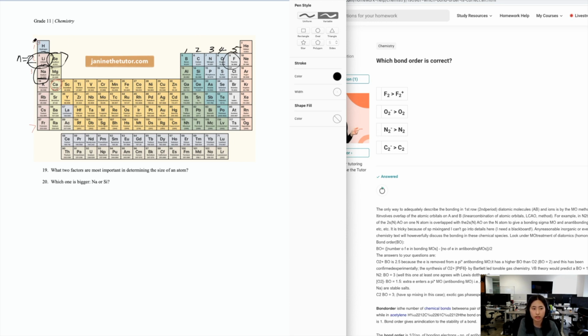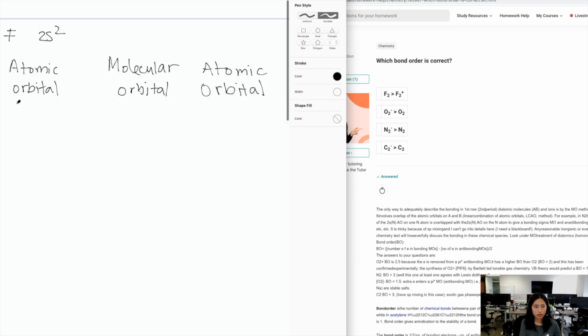Remember, these two columns are your s orbital, and then you have your p orbitals on the right side. Fluorine is found in p5 at n equals 2. So that's why it's 2s2, 2p5.